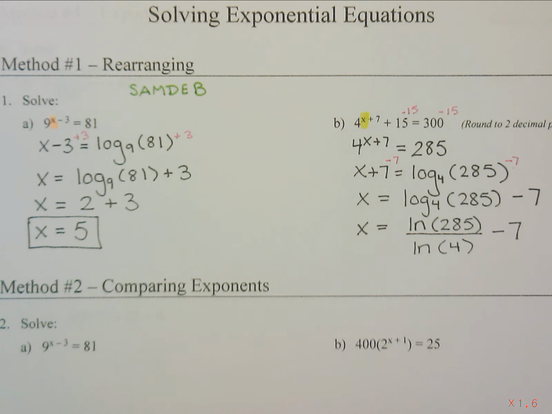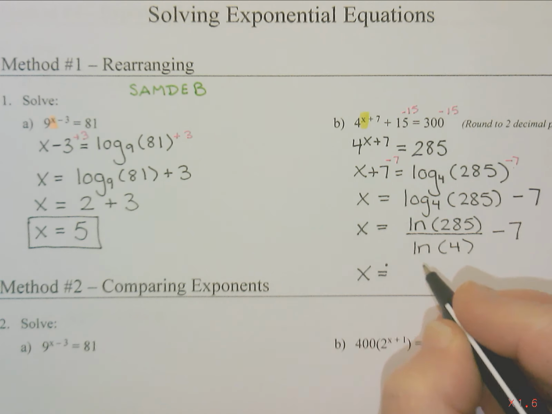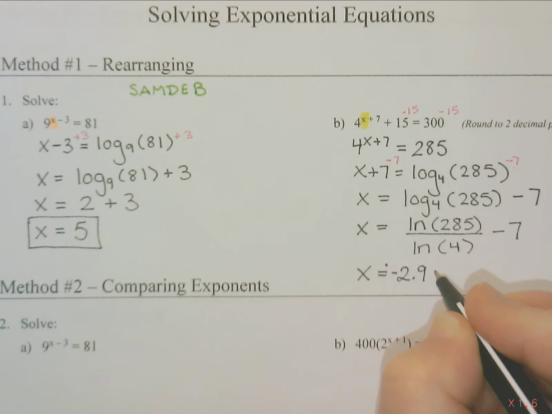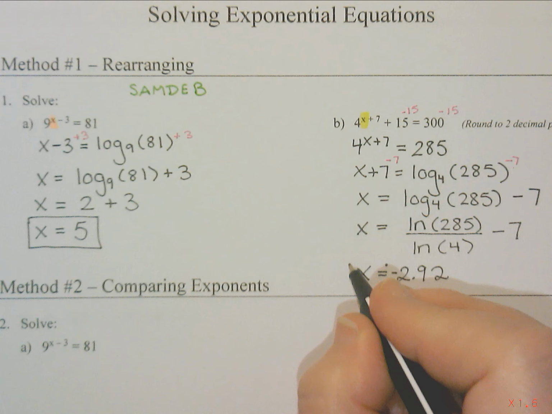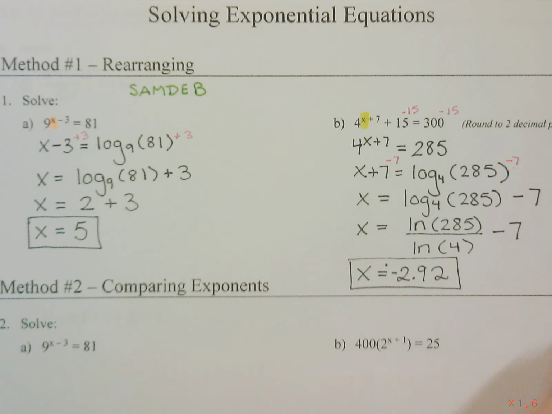And then we're going to subtract 7. And I got negative 2.925, keeps going. So I'm going to say that it is approximately negative 2.92. It did ask me to round to 2 decimal places in the question.